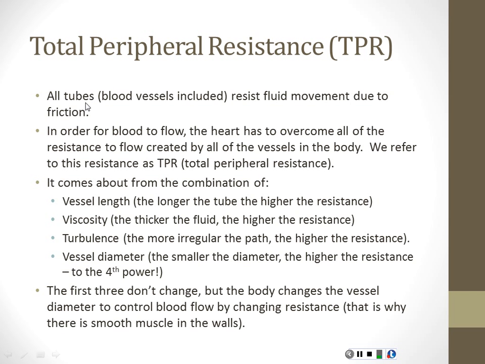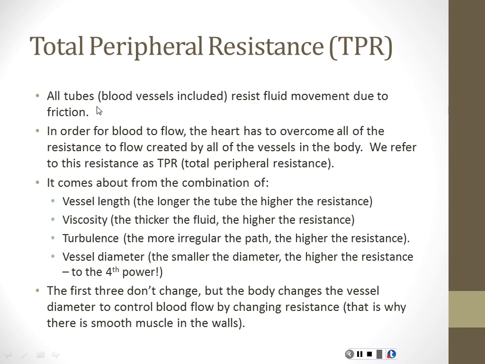Okay? So in order to actually get blood to flow, the heart has to overcome this resistance. All right? So as the heart is pushing blood through these tubes that are resisting flow, you get a pressure that builds up. That's where we get blood pressure, is that there's energy in between that pushing force and the pushing back force.